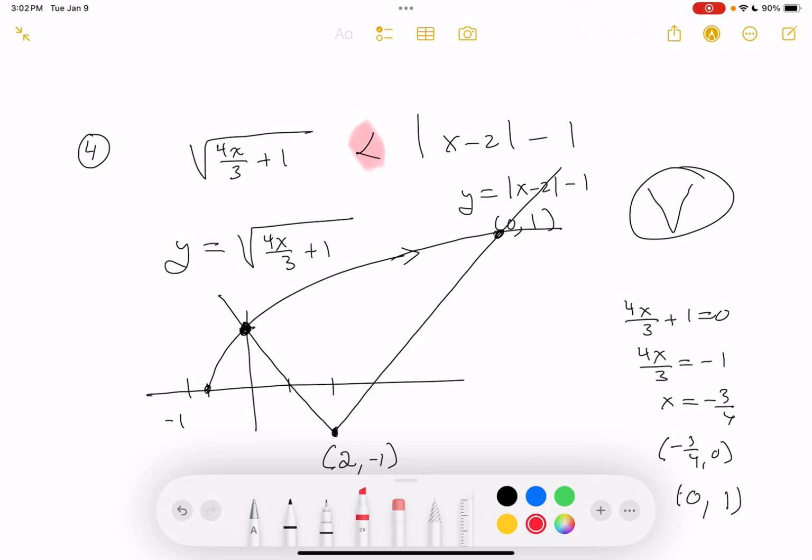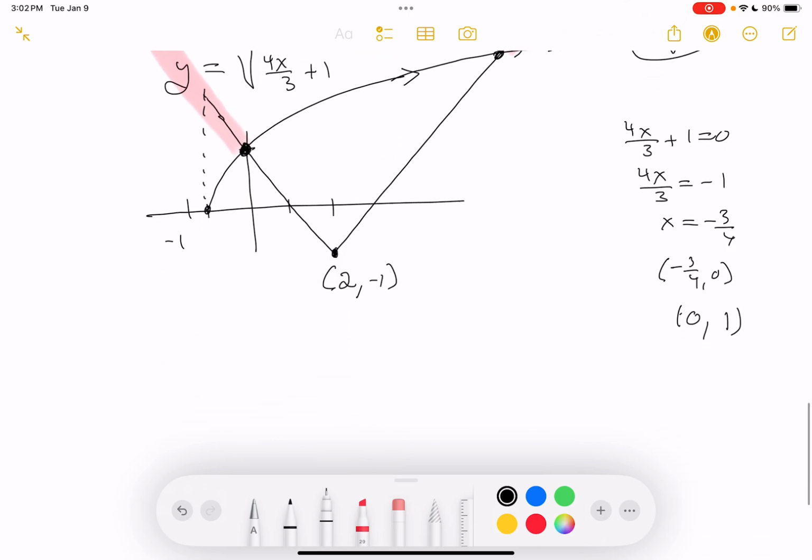I'm looking at this, and the question is, when is the absolute value function bigger than that? And I'm going to say over here and over here. But here's the deal. It's going to stop here. All right? So I think I can put some of this down right away. What do I mean by right away?